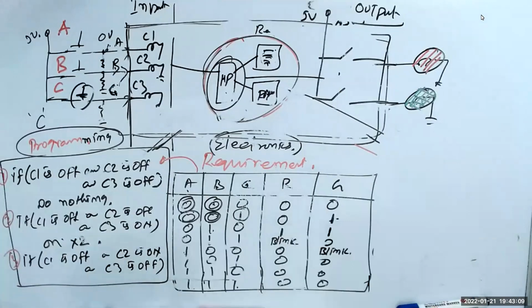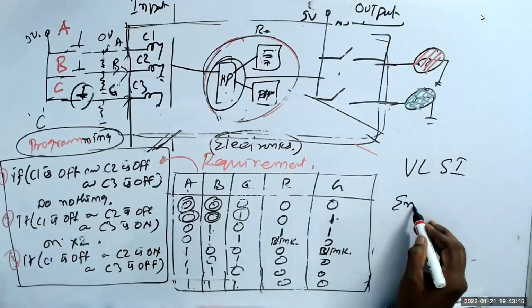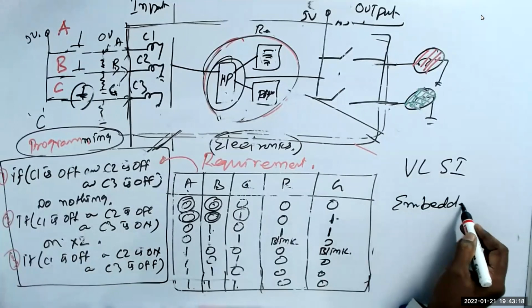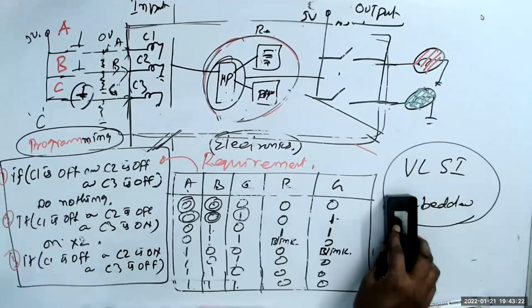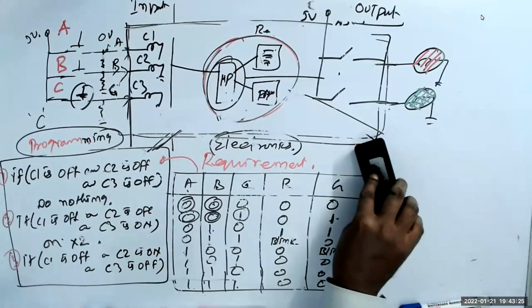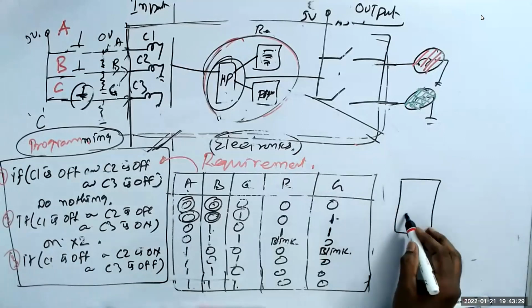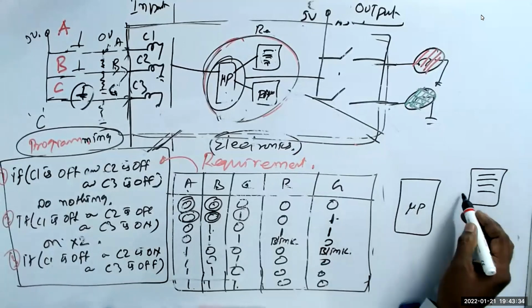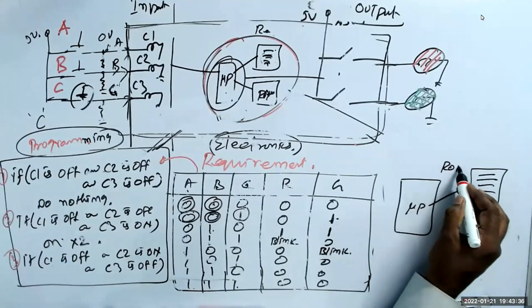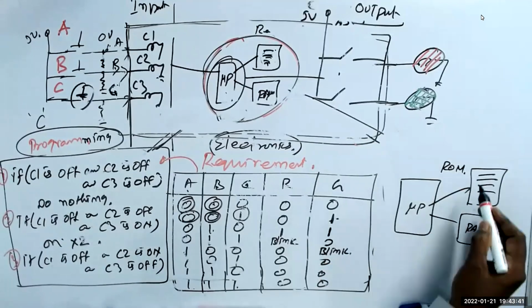Now let us see the difference between when I use VLSI and when I use embedded. We should understand the difference between these two. The problem with embedded is that this microprocessor reads the instructions from the ROM, uses the variables in the RAM, and executes one by one.